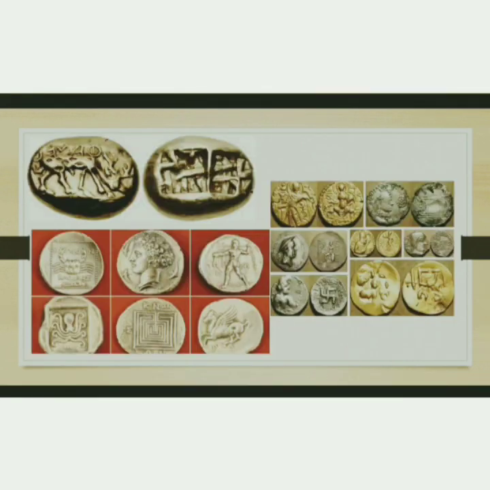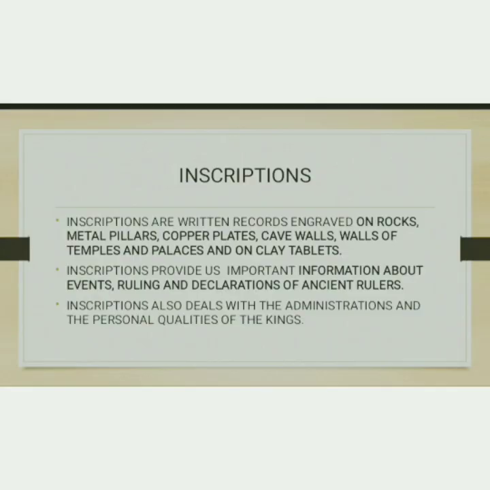Inscriptions. Inscriptions are written records engraved on rocks, metal pillars, copper plates, cave walls, walls of temples and palaces, and on clay tablets. Inscriptions provide us important information about events, ruling and declarations of ancient rulers.